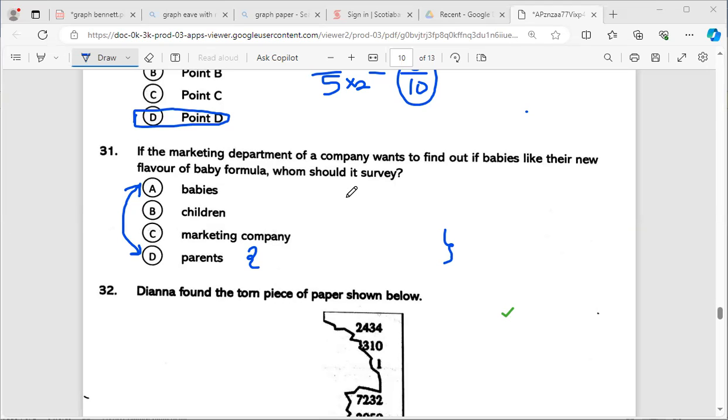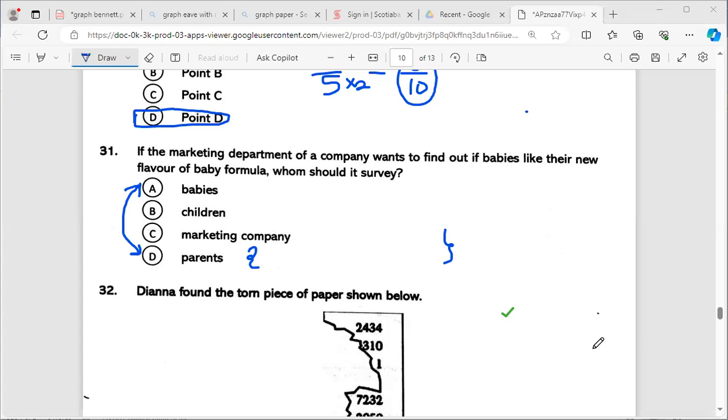I think it's babies because, as you said, sir, a survey is when you observe by yourself. You don't take things from other people. I'm on the parents' side, because the parent could be lying, because they want to succeed in selling the product.